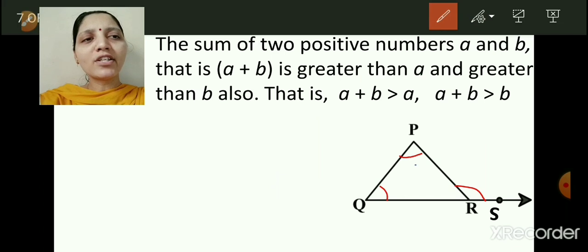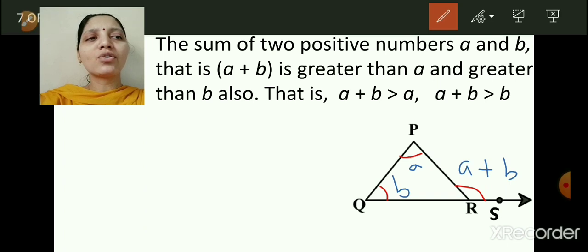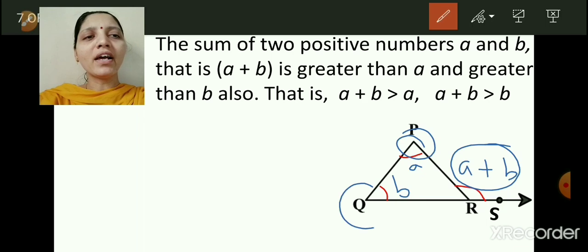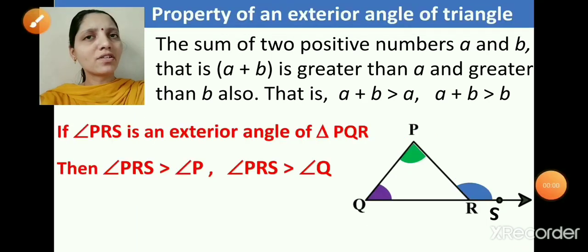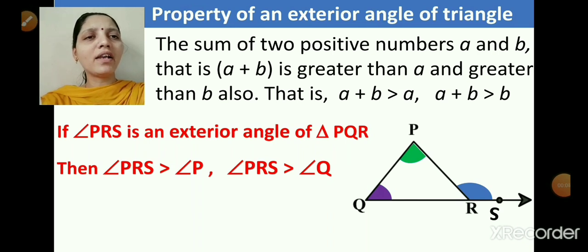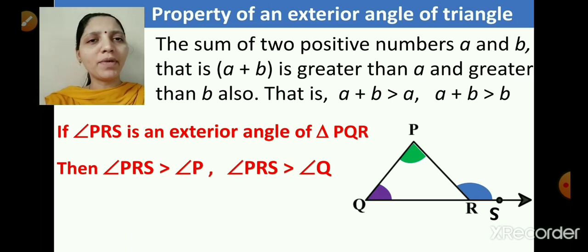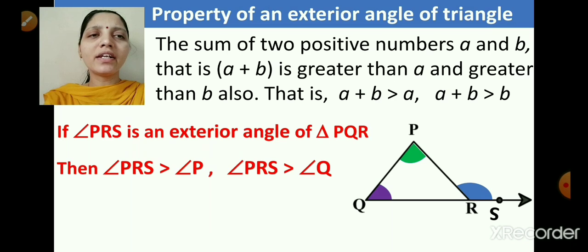Now let's assume angle P as A degrees and angle Q as B degrees. Then angle PRS will be A plus B. So that means this exterior angle is always greater than angle P, and it will also be greater than angle Q. Is that clear to all of you? So let's write down: if angle PRS is an exterior angle of triangle PQR, then angle PRS is greater than angle P and angle PRS is greater than angle Q.